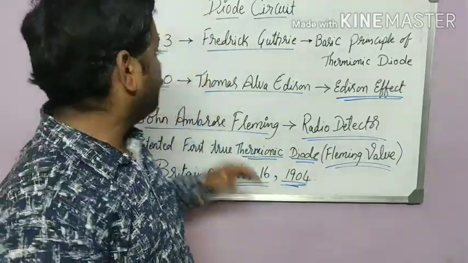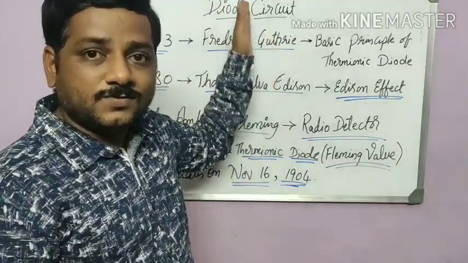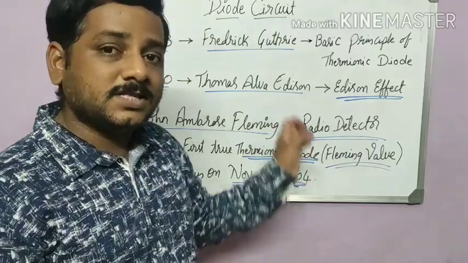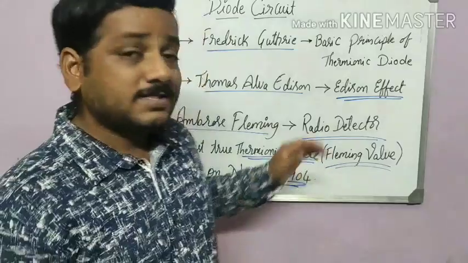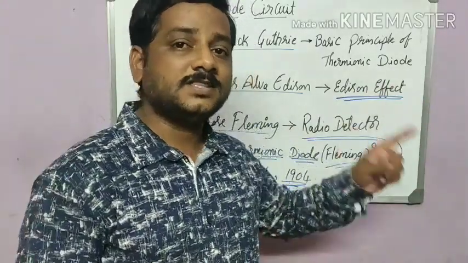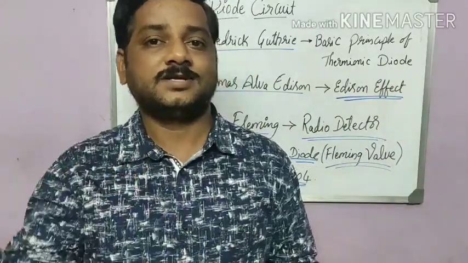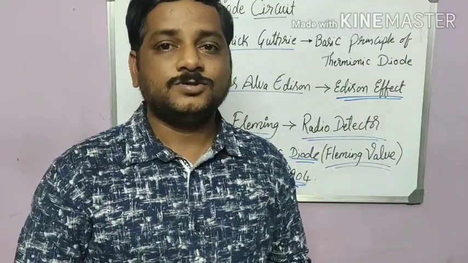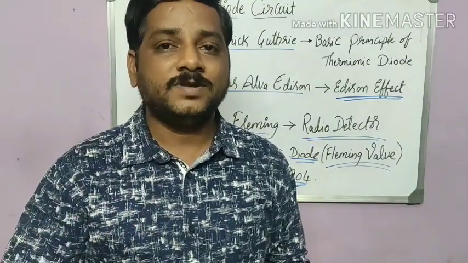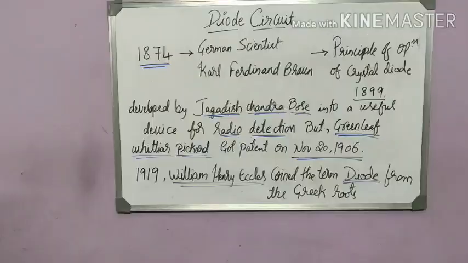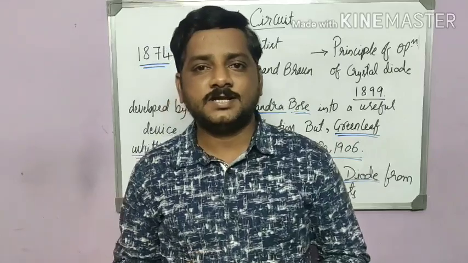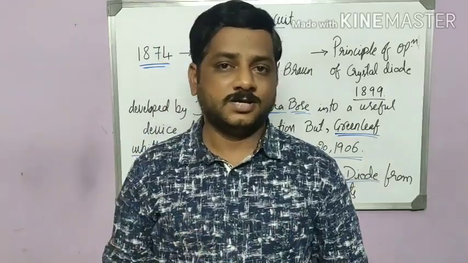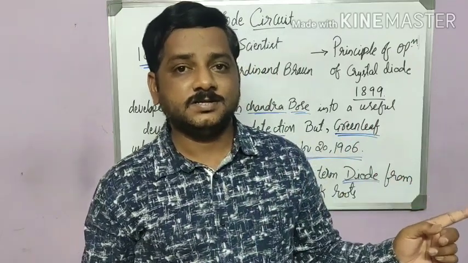In 1873, when there was research on the thermionic diode, there was also parallel research going on in semiconductors, which gave us the semiconductor diode. Now I am going to tell you how the semiconductor diode was obtained. Its history also started in parallel with the thermionic diode. As I told you, the thermionic diode started in 1873.